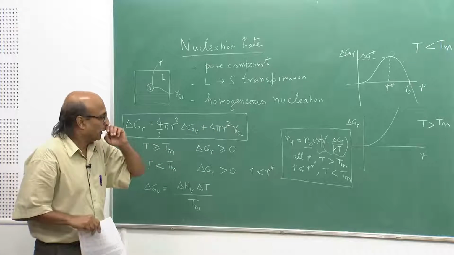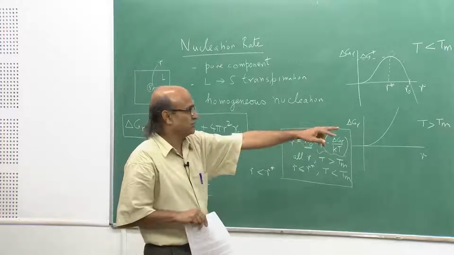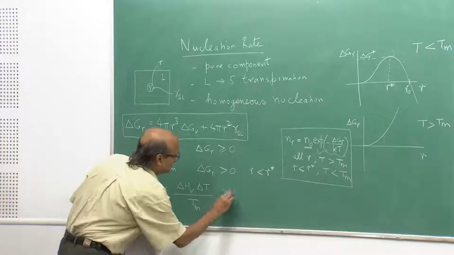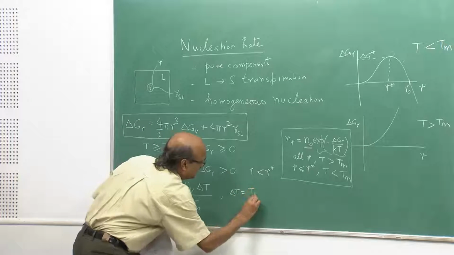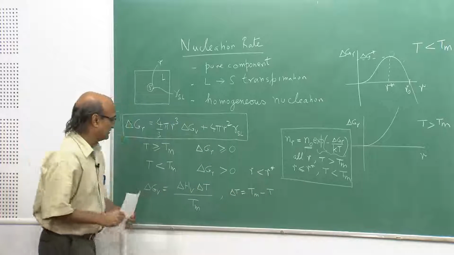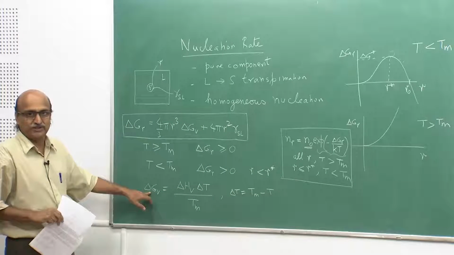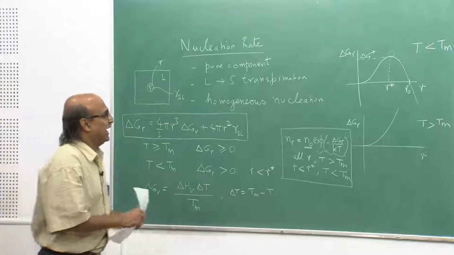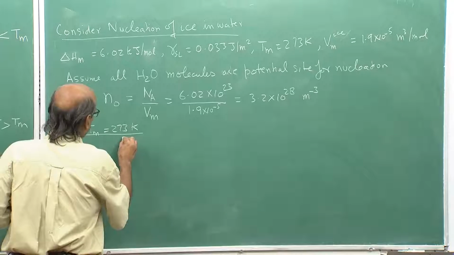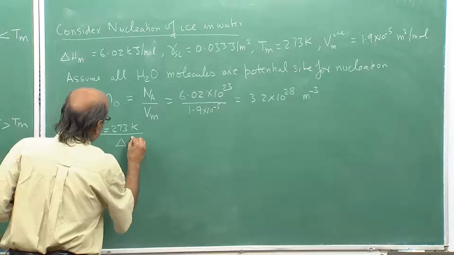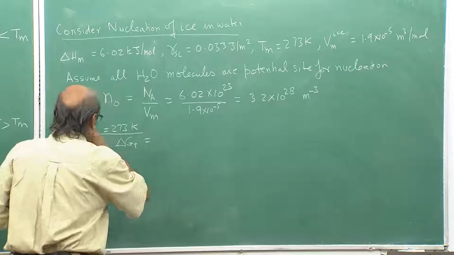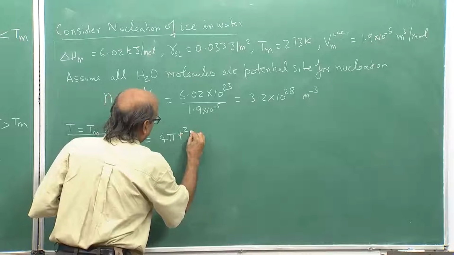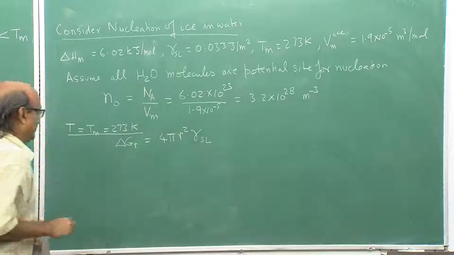Since we are going to look at nucleation at the melting point itself, 273 K, delta T, which is Tm minus T, is 0, and hence delta Gv would be 0. So, this term we need not consider, and I can write delta Gr to be simply 4 pi r square gamma SL.